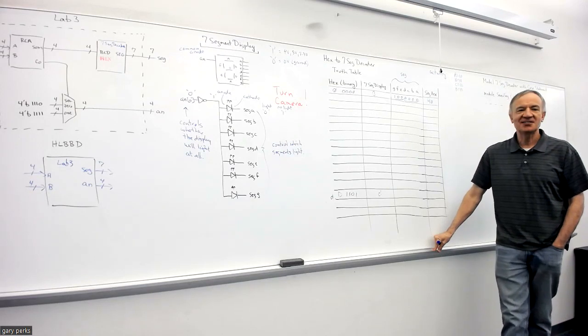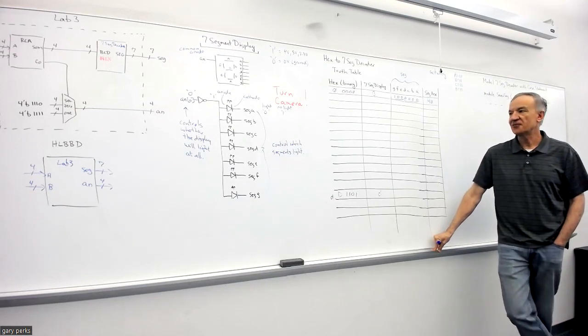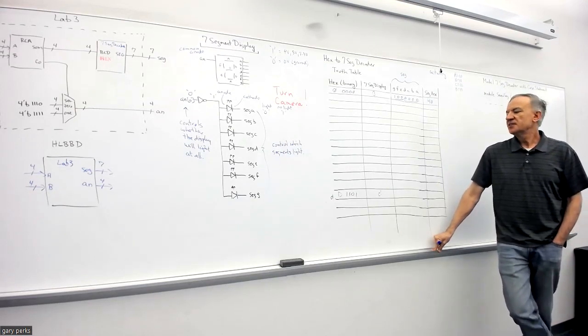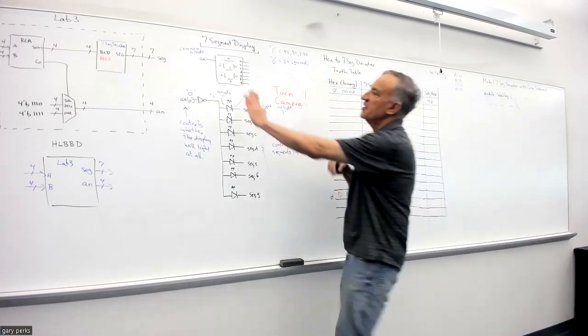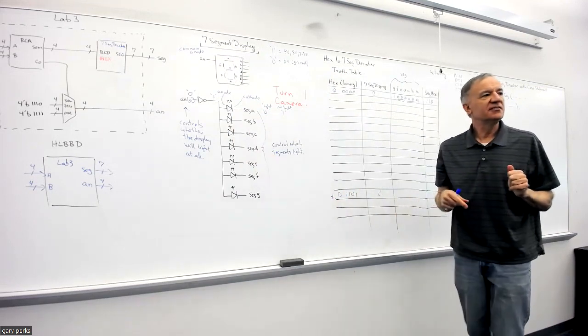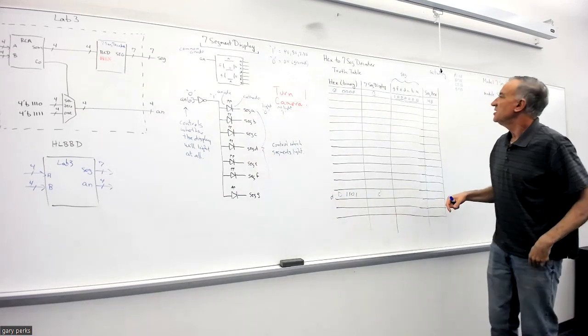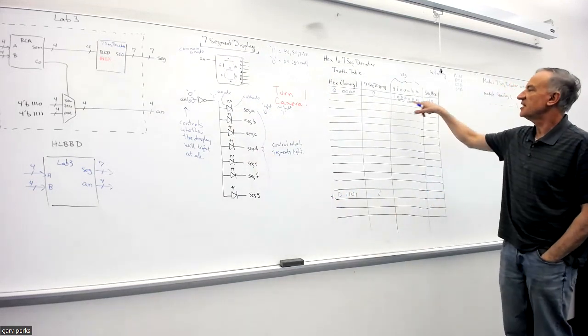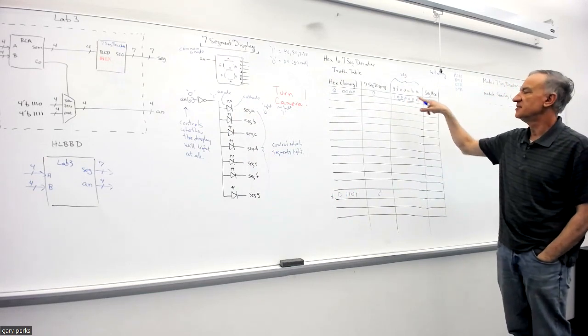It's probably easier to say the segments we don't want to light because there's fewer of them. A and F. Right, we don't want A and F, right? If A and F are off and we like the others, that would be a lowercase d. Okay, so what does that tell us about these bits here?